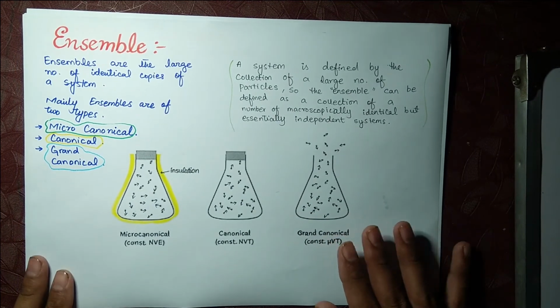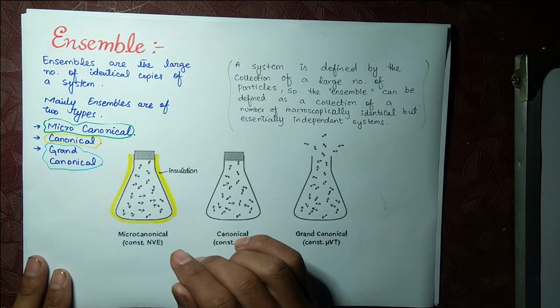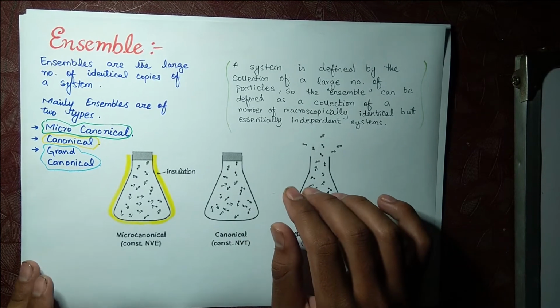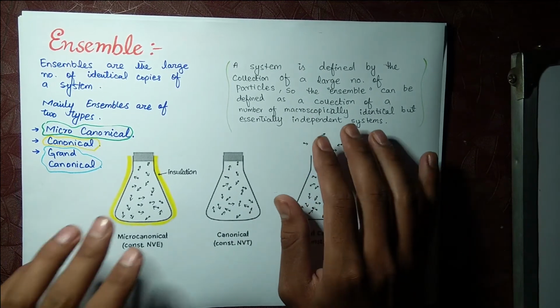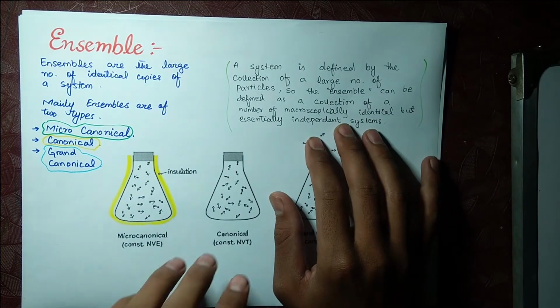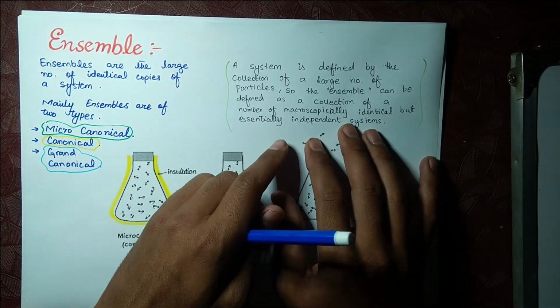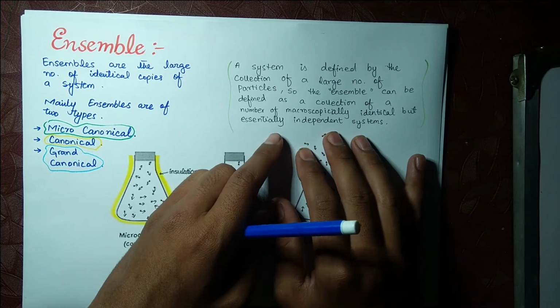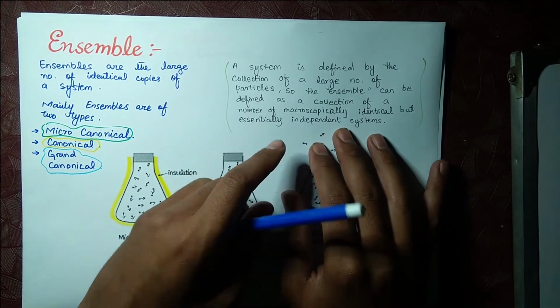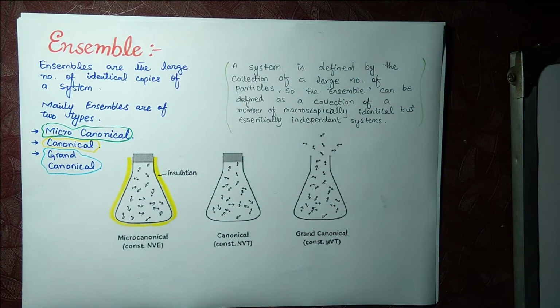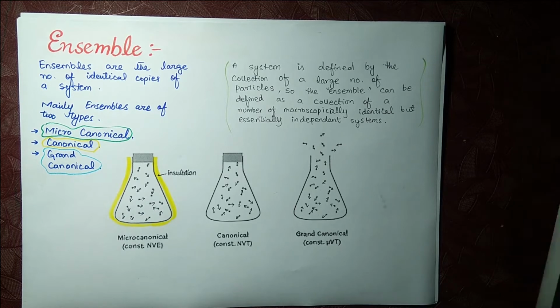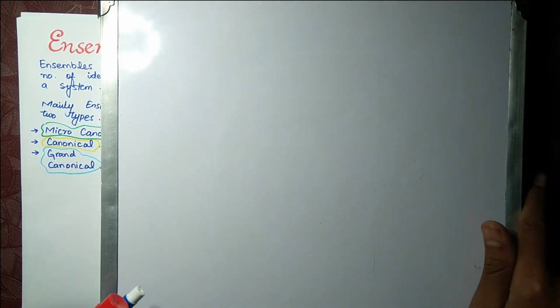So there are two things in this definition. One is macroscopically identical and the other is essentially independent. What does the term macroscopically identical mean? Let's see.